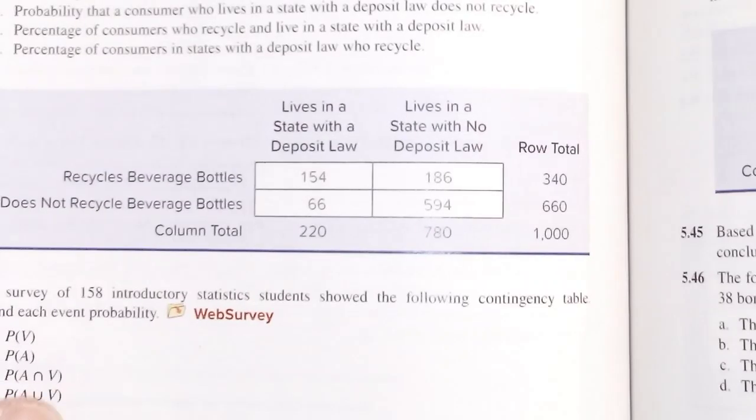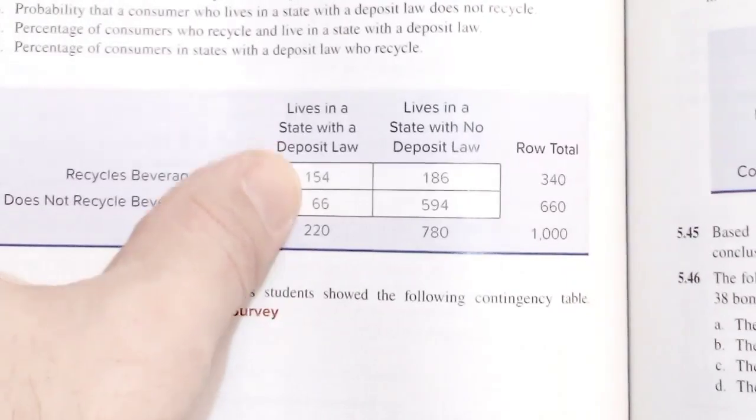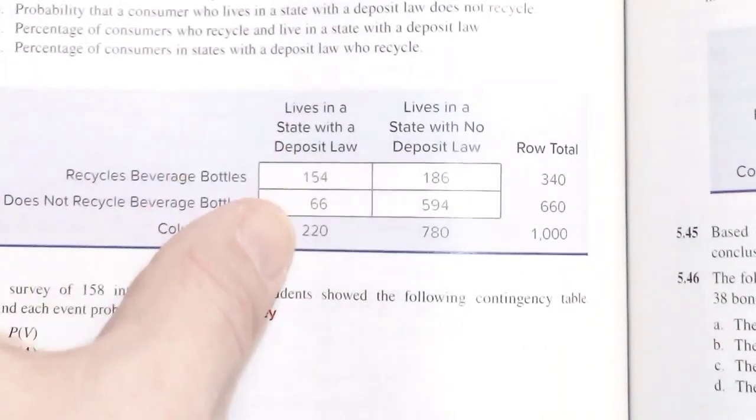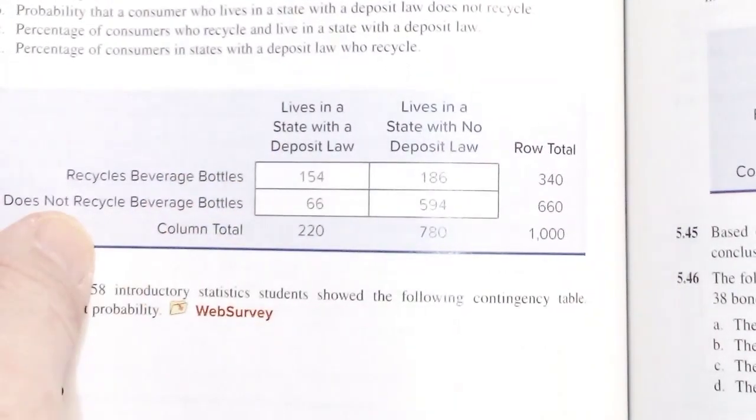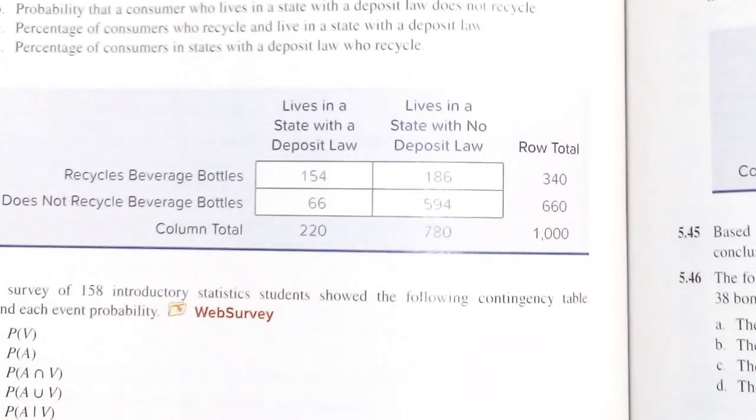Aha. Living in the state with the bottling deposit, 66 out of 220 don't recycle. So grab your calculator. What's 66 over 220? What do you got? 0.3. So there's only a 30% chance somebody who lives in a state with a deposit law doesn't recycle their bottles.